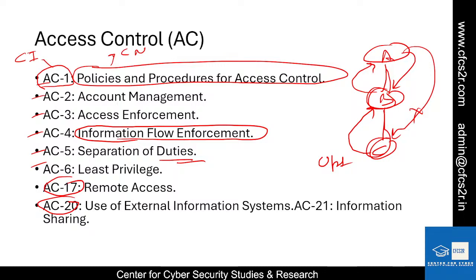Then we have remote access. In remote access, these are the major issues that everybody is facing, and most of the time remote suppliers ask you to give permission so that they can take the system remotely. They are asking you to use a secure VPN. Sometimes you need to employ multi-factor authentication, limiting access to specified business hours, or something similar. So there are different ways you can control it.